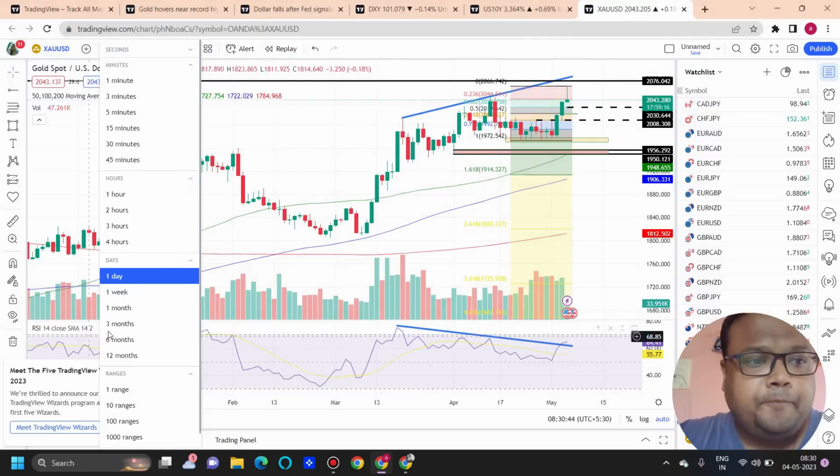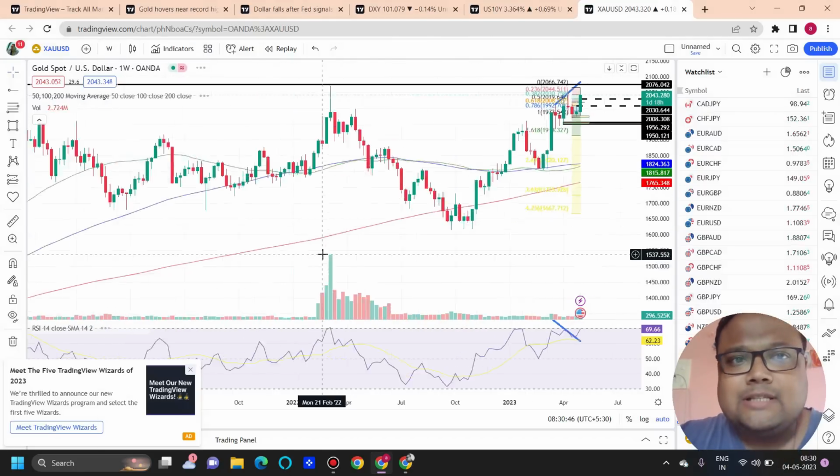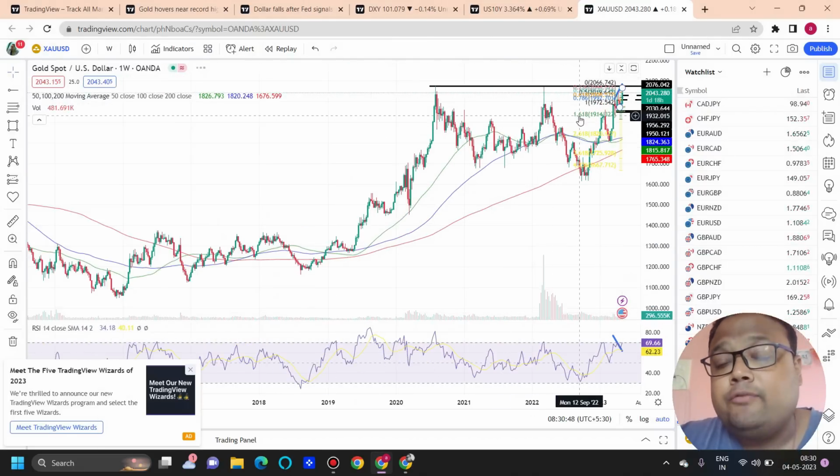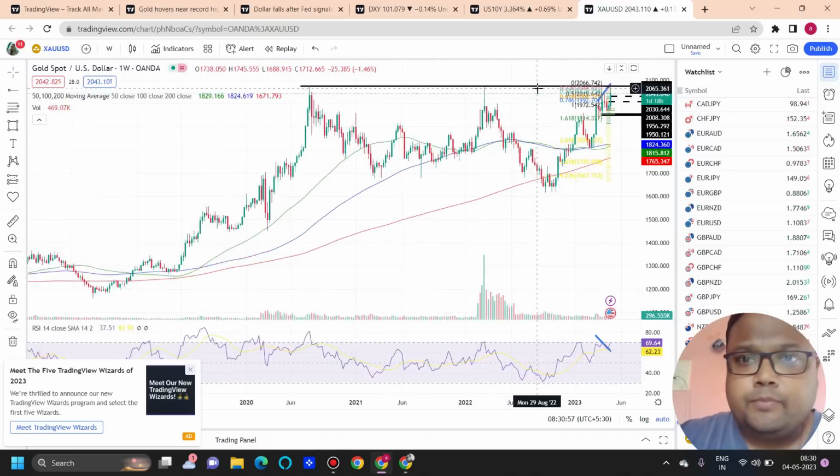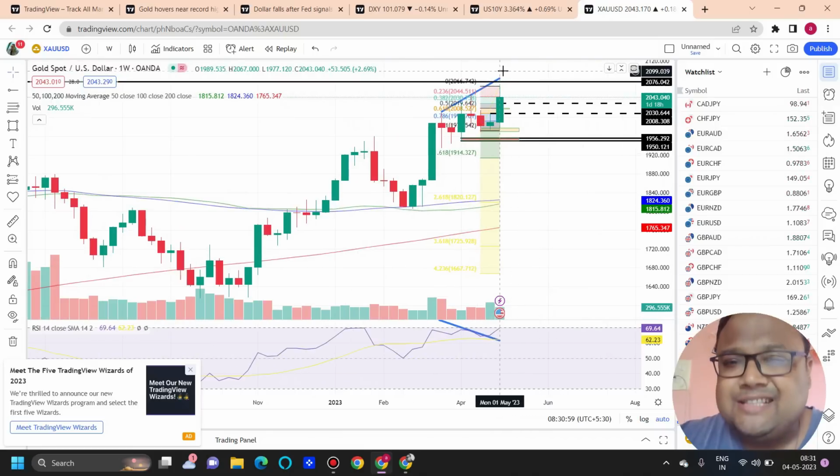And the reason is that above this level market will be going for a new high, and we can consider it as a trend continuation. Above 2080 it will be a trend continuation, and we can look for a buy. Okay, but as of now 2076 to 2080 may create some problems, so as a result be careful around this area and try to look for buy positions because of the ongoing market sentiment.